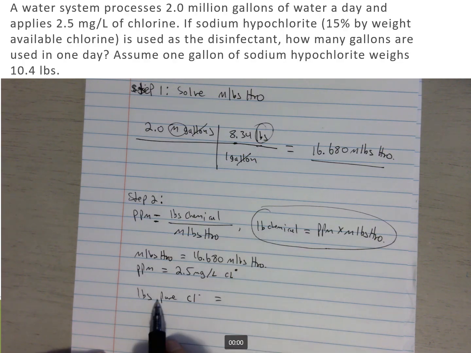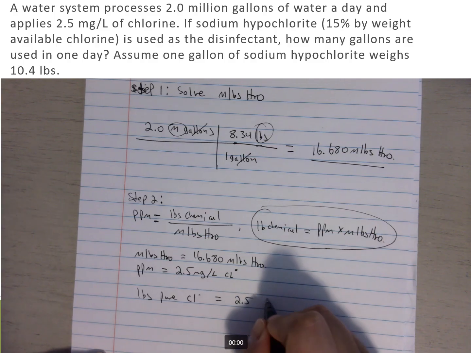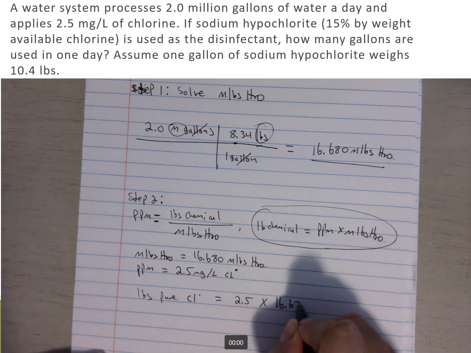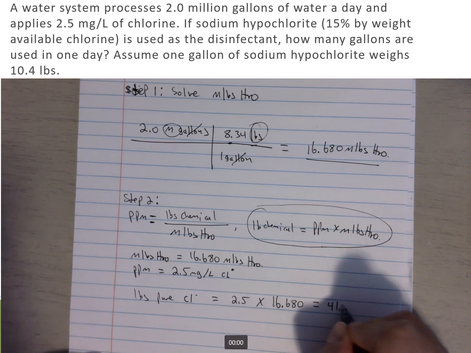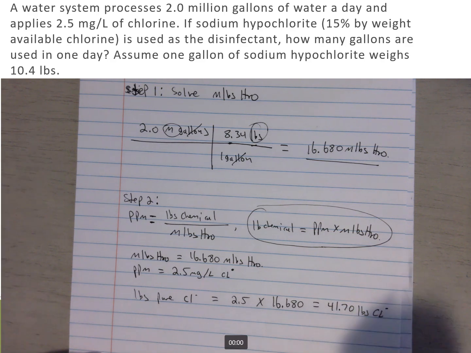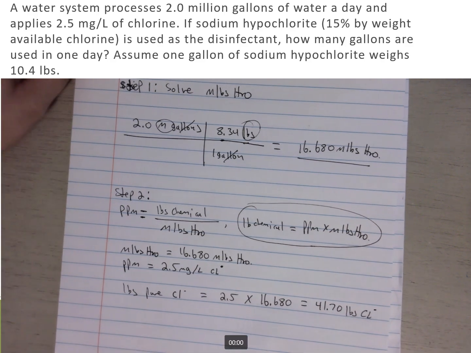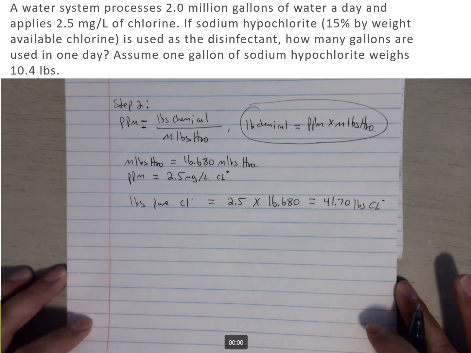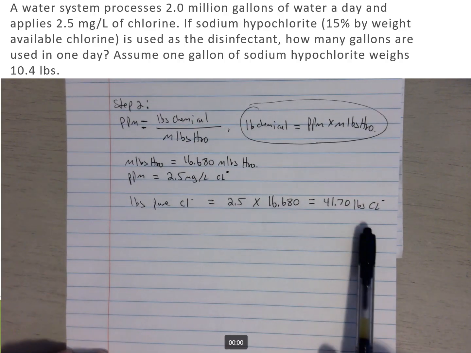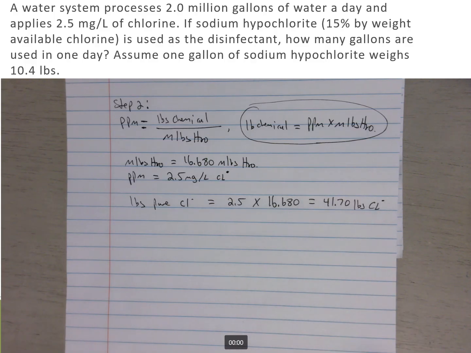So our pounds of chemical will be pure pounds of chlorine. 2.5 multiplied by 16.68 to give us 41.7 pounds of pure chlorine, right? So it does not end here, right? We need to find how many gallons of sodium hypochlorite I need to use, right, to achieve that concentration.